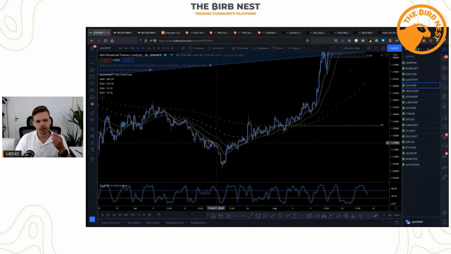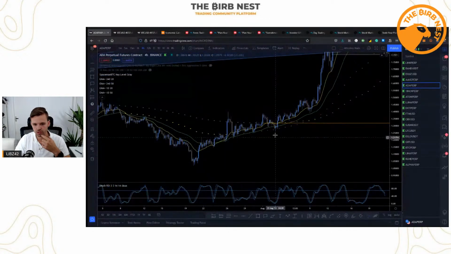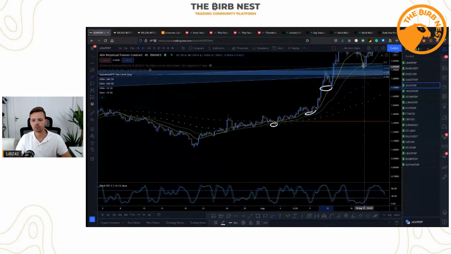Well, obviously it's respecting the 20 and 50 EMA very nicely in the uptrends and the downtrends, and obviously the best possible entry scenarios for Cardano here was when it tested the 20 or the 50 EMA, and there's some good examples here where you also have a bull cross on the stochastics, like here, and here, and then also of course that one right here.